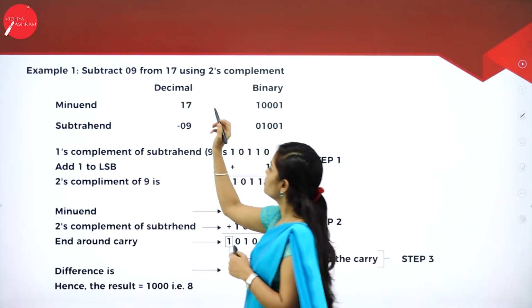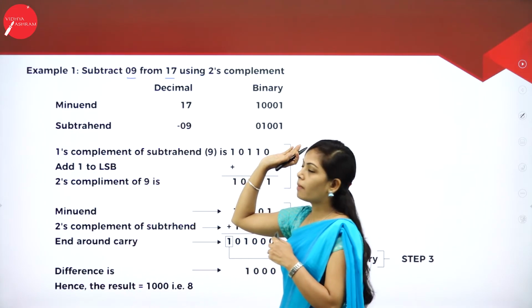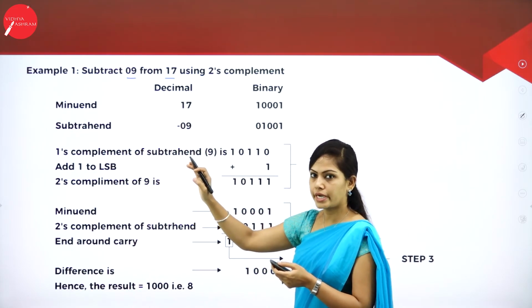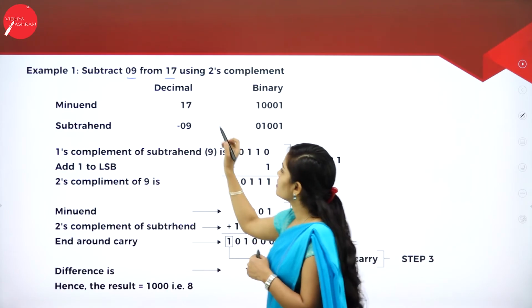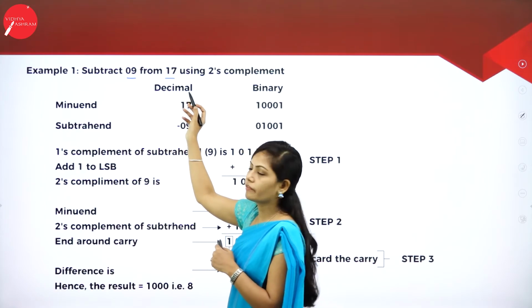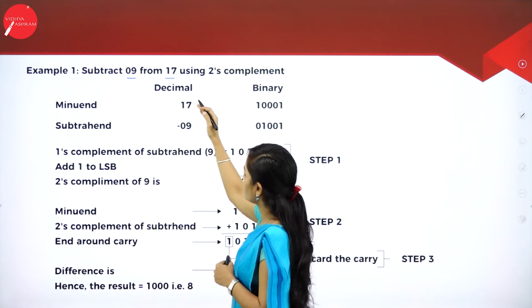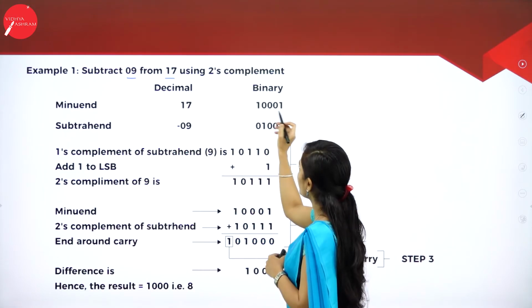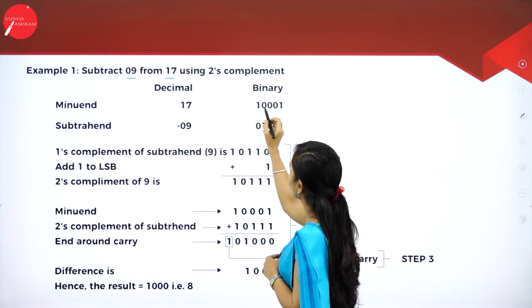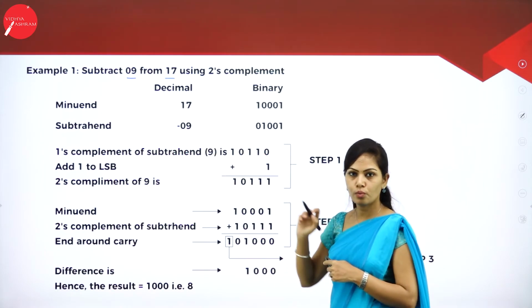Here you have two numbers, that is 9 and 17. So, minuend is larger than subtrahend. I am doing case 1. Minuend is larger than the subtrahend. 9 from 17. So, minuend is 17, subtrahend is 9. So, 17 minus 9. First find the binary value of 17, that is 10001, and the subtrahend value is 01001.